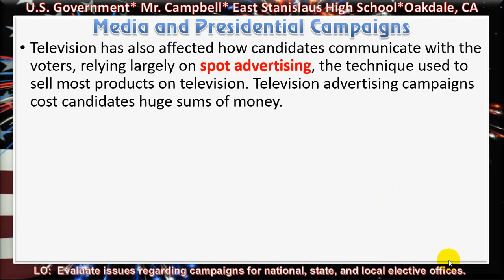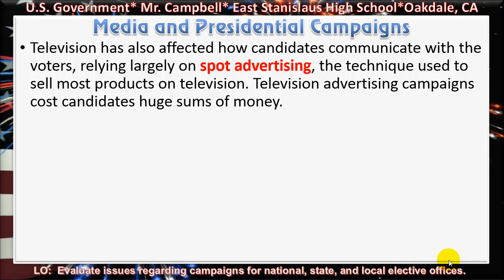Television has also affected how candidates communicate with the voters, relying largely on spot advertising, which is the technique used to sell most products on television. That's relying upon basically campaign commercials. Television advertising campaigns cost candidates huge sums of money.